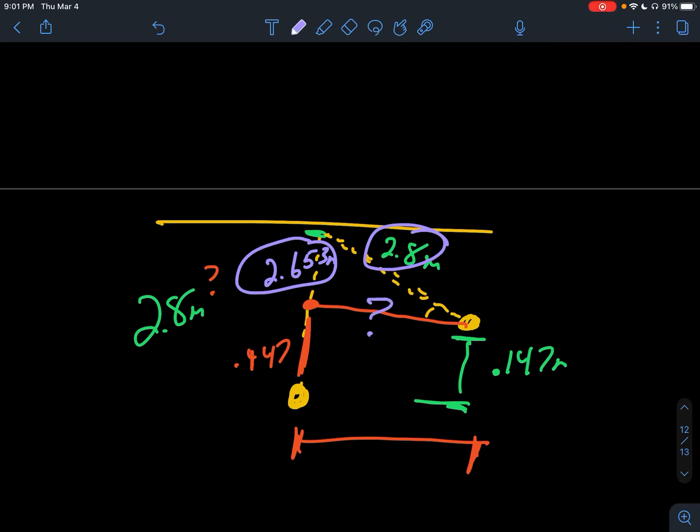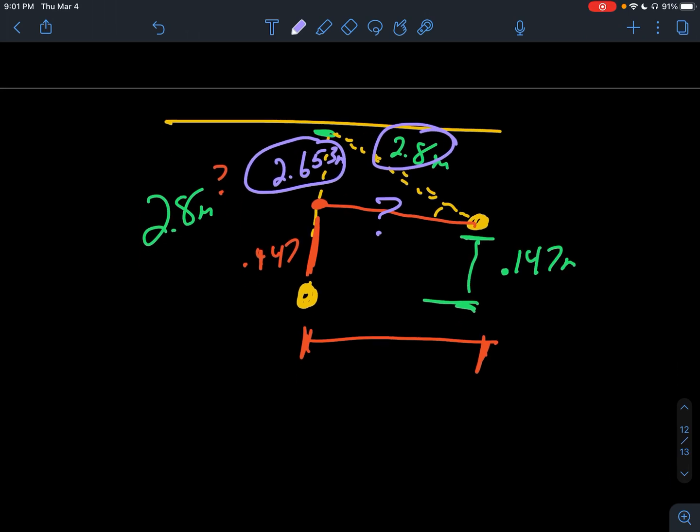So we have a side, hypotenuse. We can figure out this missing side from Mr. Pythagoras. So if we do a squared plus b squared equals c squared to get that missing side, so 2.8 squared minus 2.653 squared equals, take the square root of that. Oh, I guess I should be plugging that in my calculator. I'll write it down, why not?